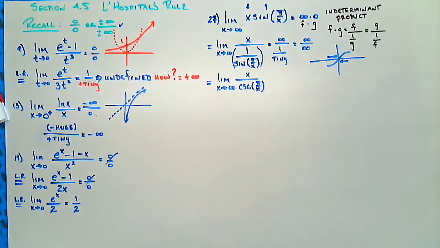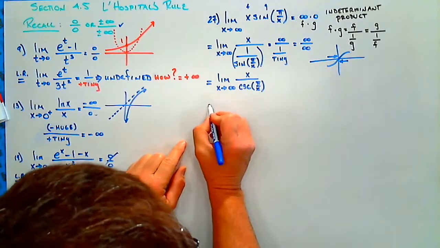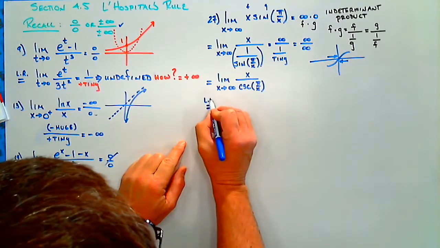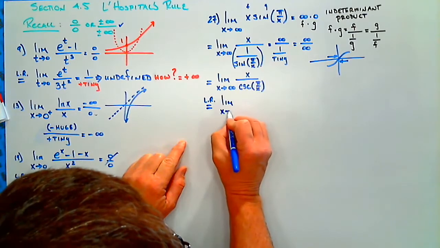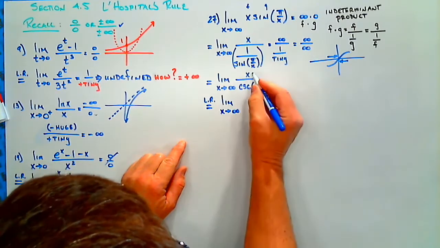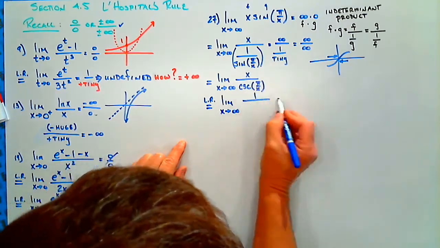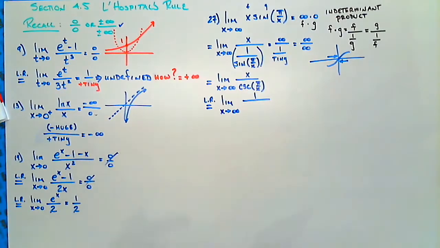So if we bring that trig identity into play, then we'll use L'Hopital's rule, right? And what do we get in this case? Well, let's see. We've got the limit as x goes to infinity. We take the derivative of the numerator. That's 1, right? That's a nice derivative. On the bottom, we're going to have to take the derivative of cosecant, right?